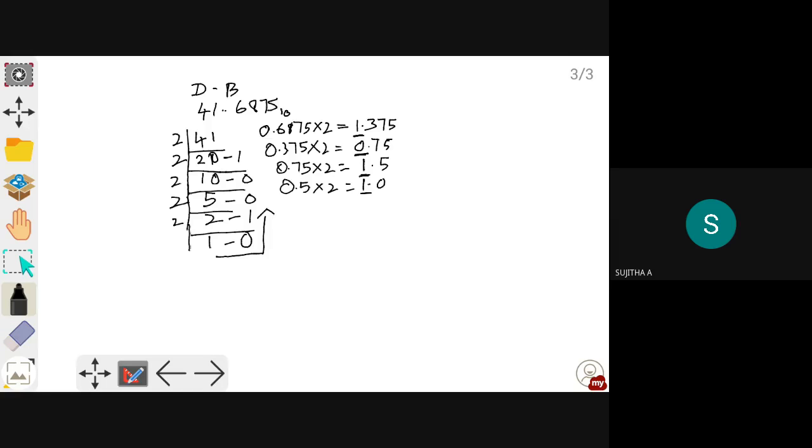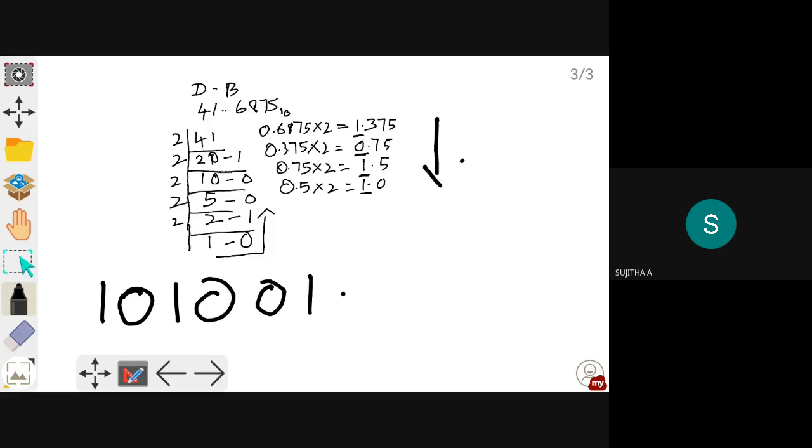You have to write from bottom to upwards: 1, 0, 1, 0, 0, 1. This is the integer part. For the fractional part, you have to write in this direction, from top to bottom: 1, 0, 1, 1. So this is the converted binary value.